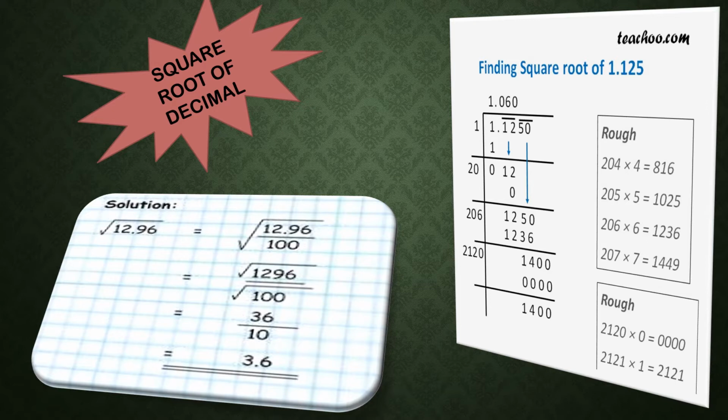As 12 is less than minimum 21 also, so that's why we'll start checking like this, 20 into 0. So 20 into 0, 0 is coming, and here also you'll put 0 and here also 0.